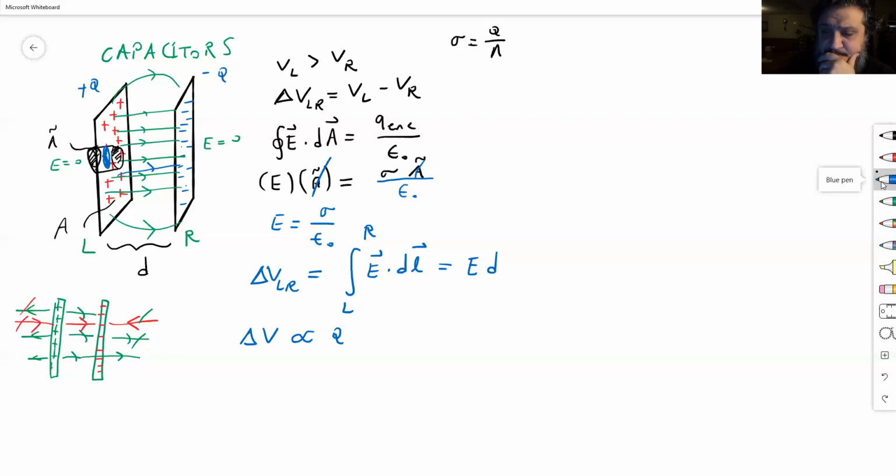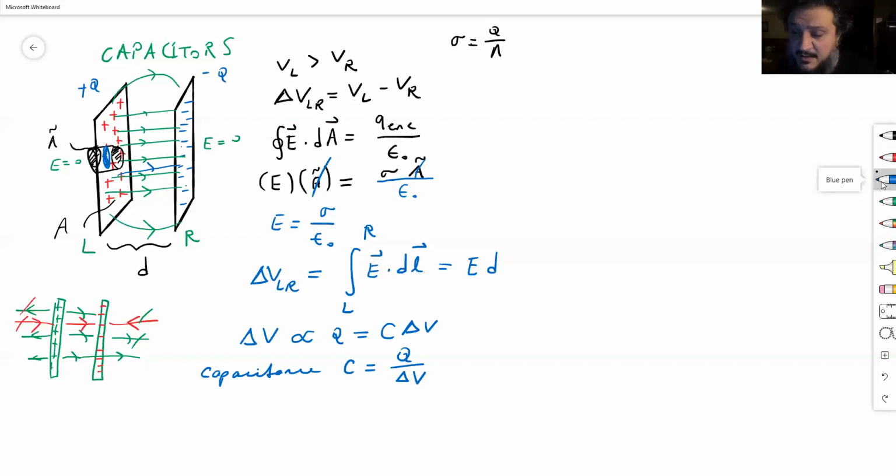So that's what we call capacitance. Capacitance. So we're going to write this charge as this constant, which I'm going to call C, times delta V. So C will be defined as charge per potential, charge divided by potential difference, capacitance.